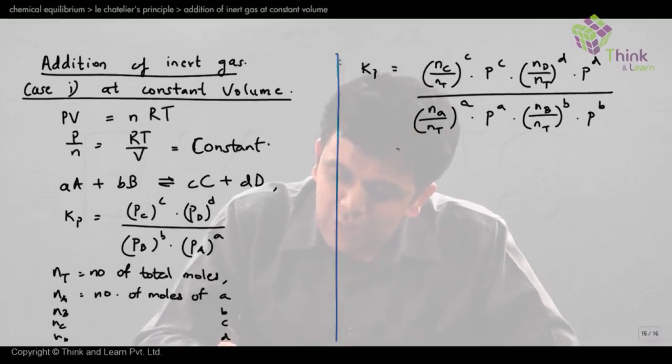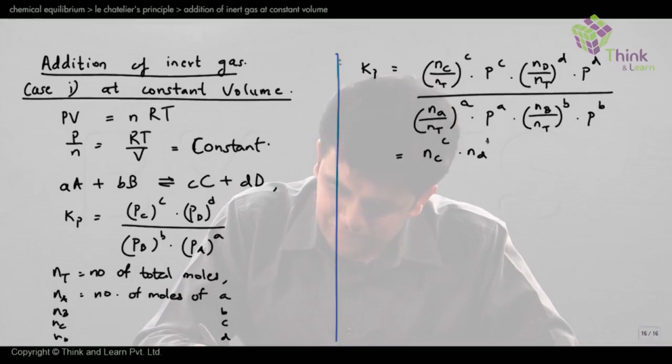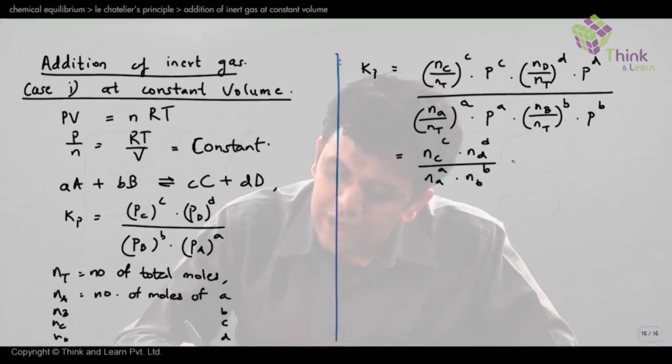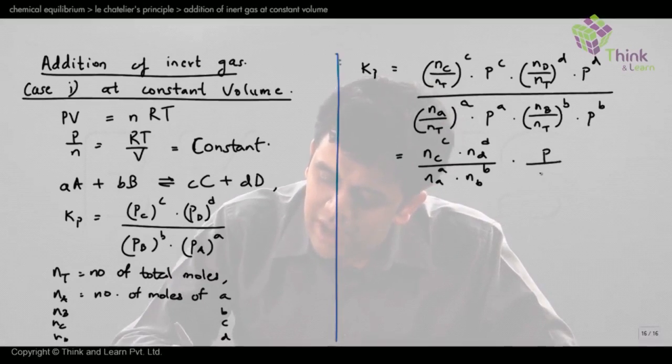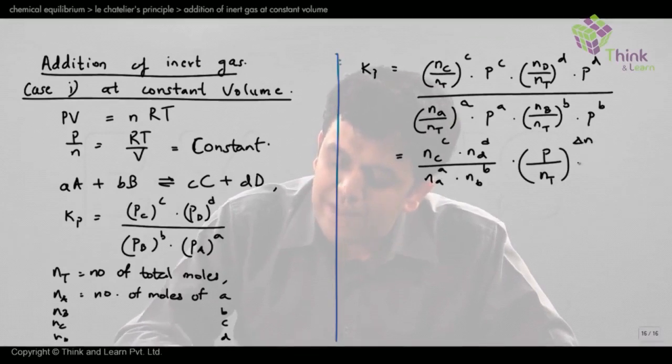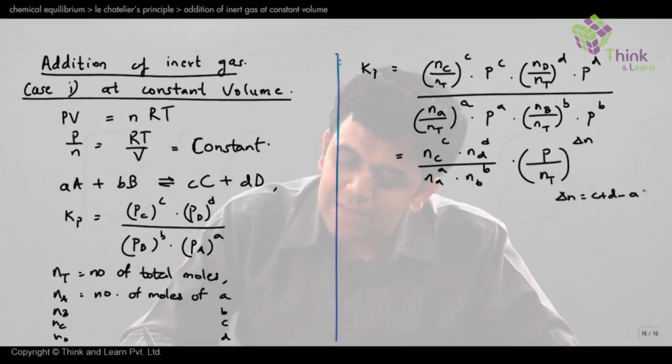So now in this case, what happens is, this is equal to Nc raised to c into Nd raised to d, divided by Na raised to a into Nb raised to b, into P by Nt, the whole raised to delta n, where delta n is equal to c plus d minus a plus b.